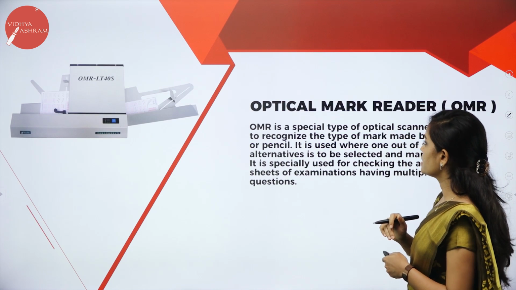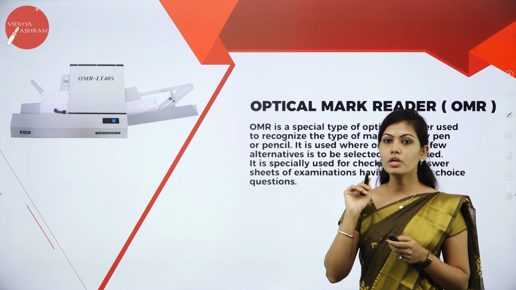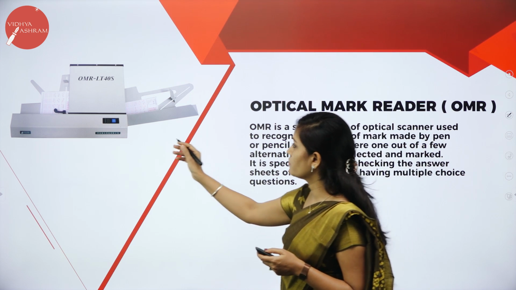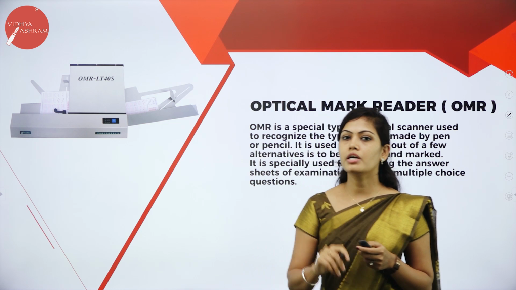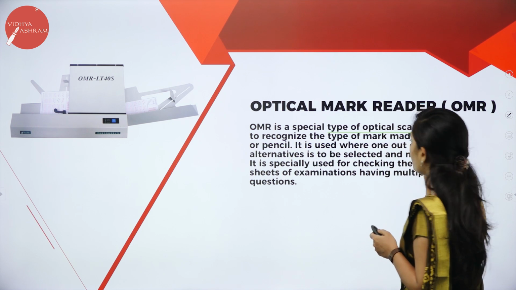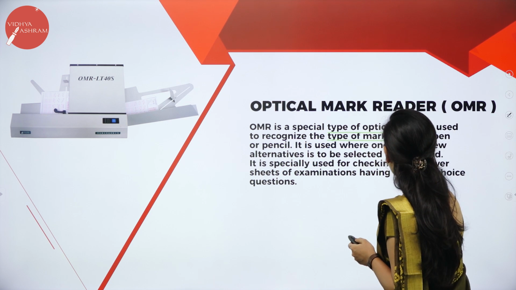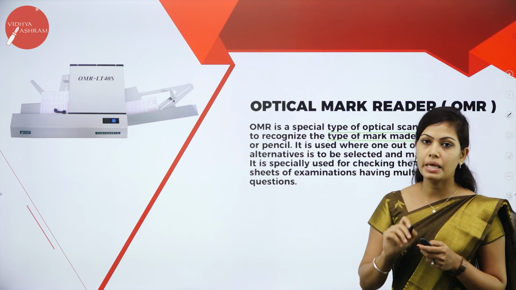Next input device is the optical mark reader, OMR. OMR stands for optical mark reader. This is our OMR machine. OMR is a special type of optical scanner to recognize the type of mark made by pen or pencil.